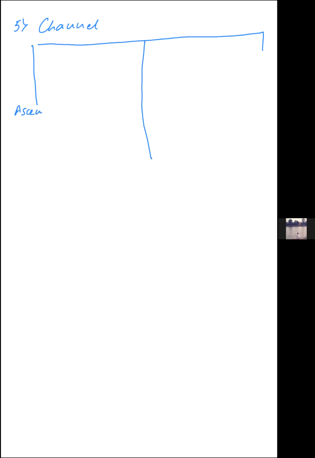Next up, that is pattern number 5, and it is called a channel. A channel is of 3 types: ascending channel, descending channel, and a horizontal channel.